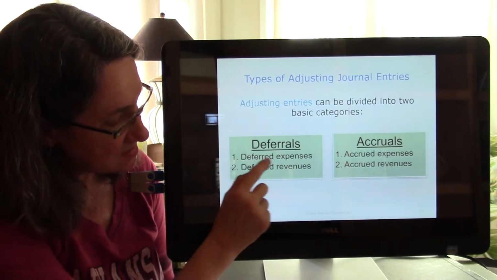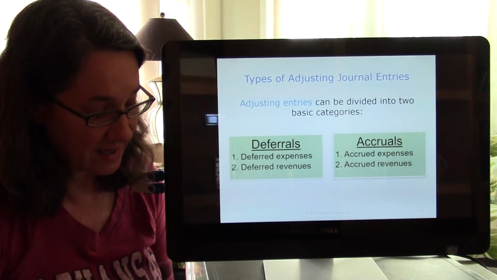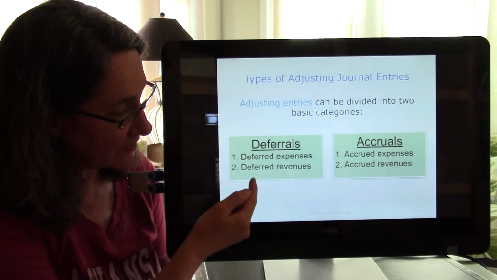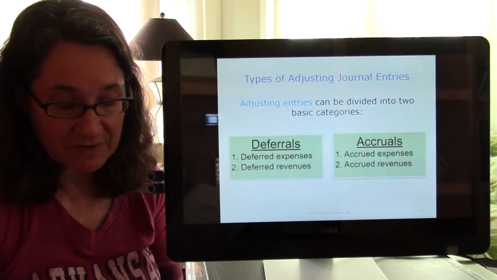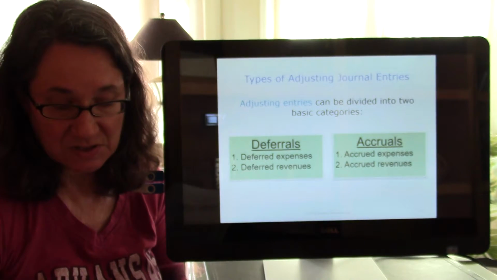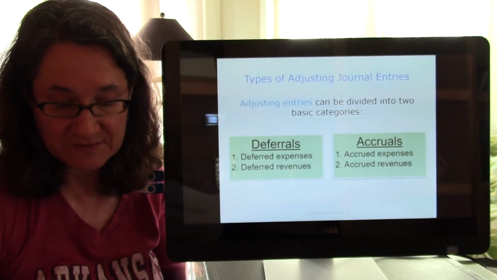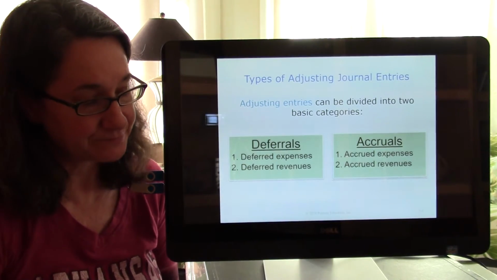Deferred expenses are often called prepaid expenses, and deferred revenues are often called unearned revenues. Deferred revenues represent payments made by customers prior to when the services are performed or the products are delivered.